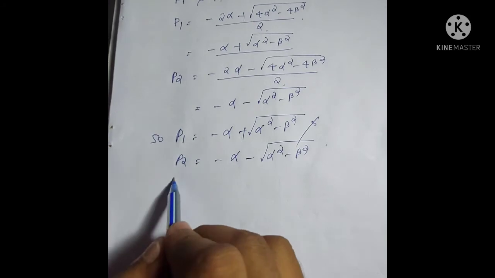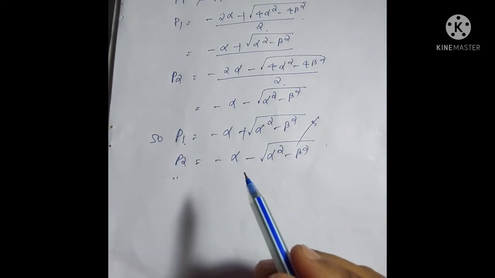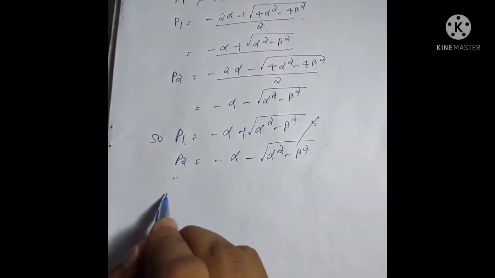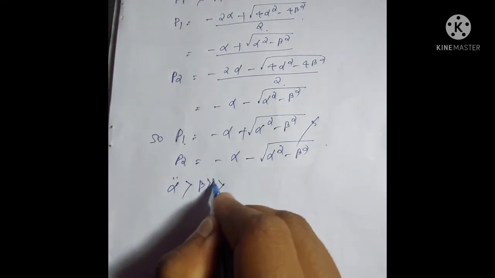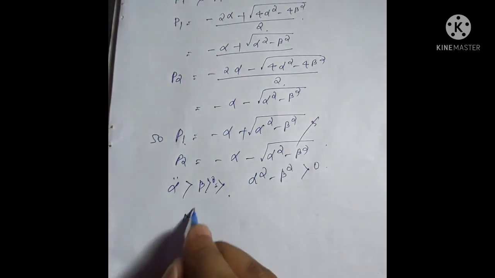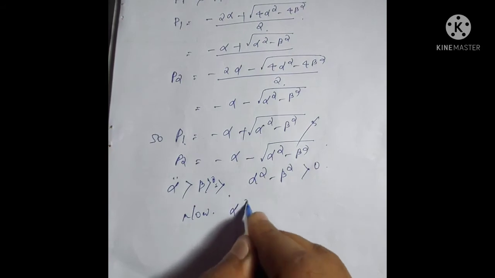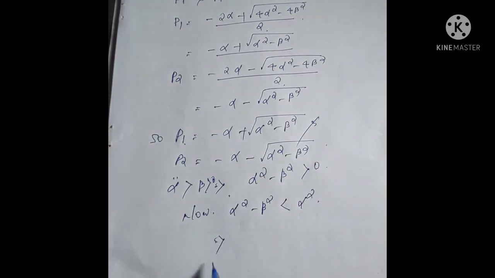Now we have to check whether P1 and P2 are both positive, both negative, or of opposite sign. Now alpha greater than beta, this implies that alpha square minus beta square greater than 0. Now alpha square minus beta square is less than alpha square. This implies that square root of alpha square minus beta square is less than alpha.